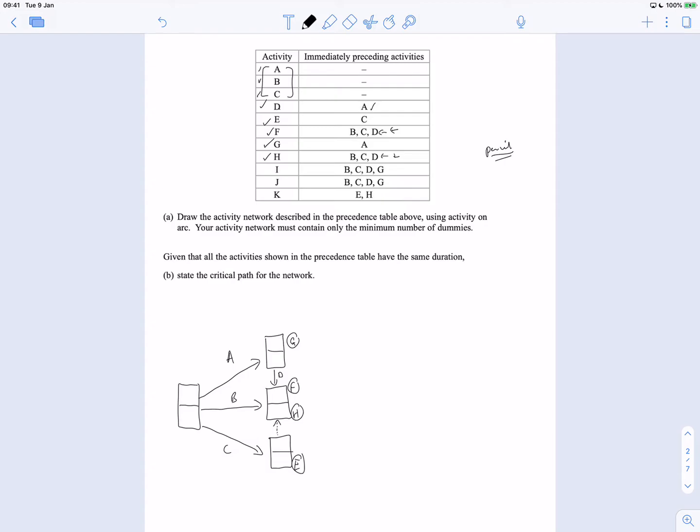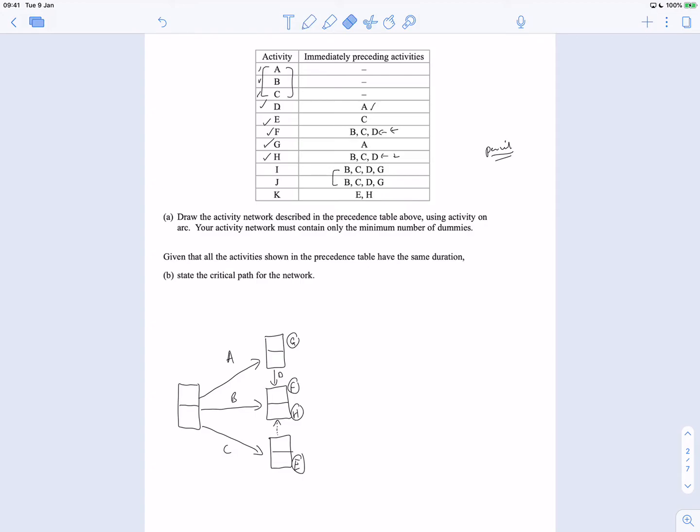Now, this is where it's going to get interesting. I've got I and J coming from B, C, D and G. Well, how's that going to work? Well, I notice there's no F and H there.